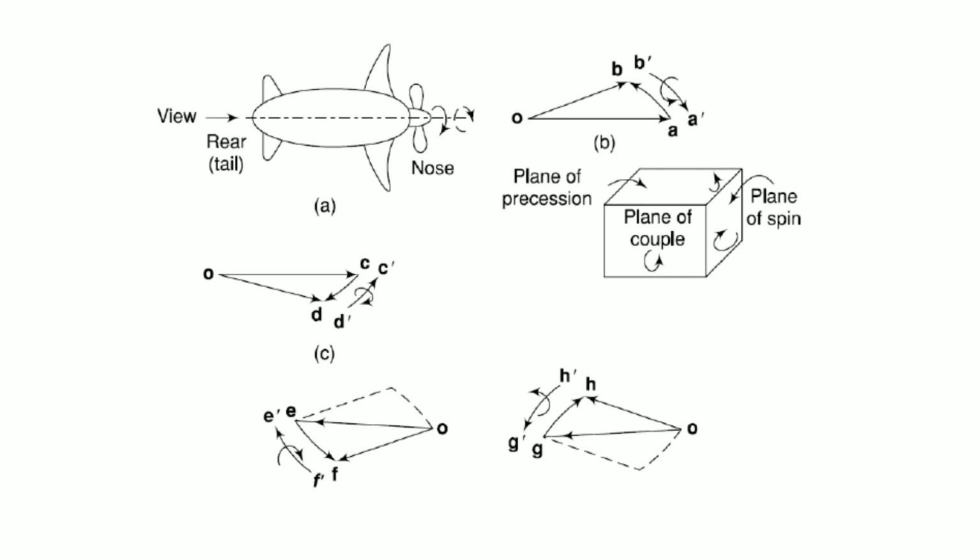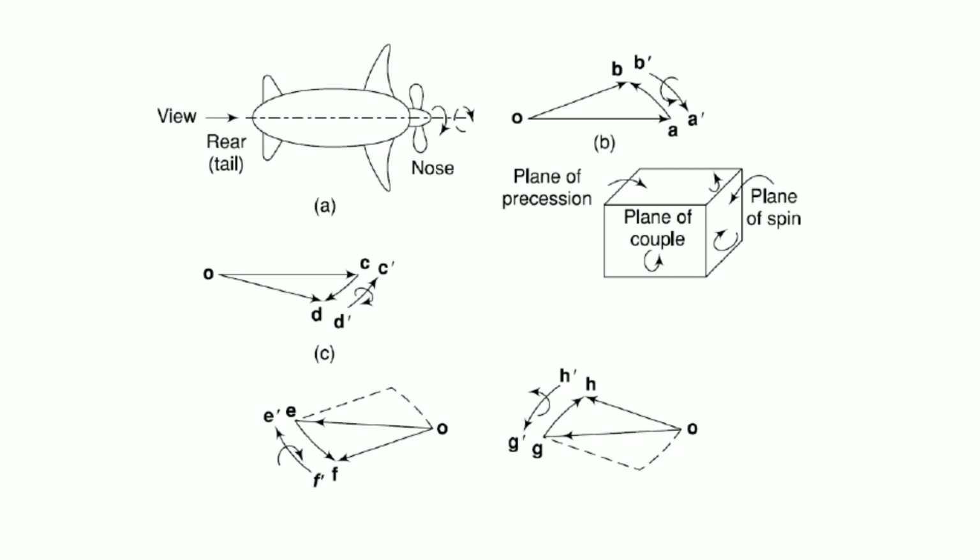So this is our aeroplane, this is the tail end and this is the nose end. Now we can represent the angular velocity of the rotor by using the right hand screw rule.